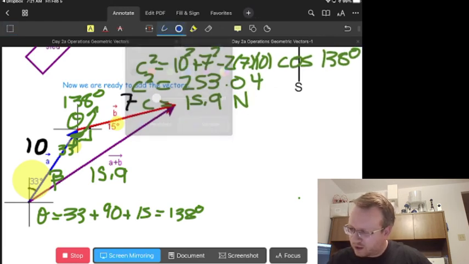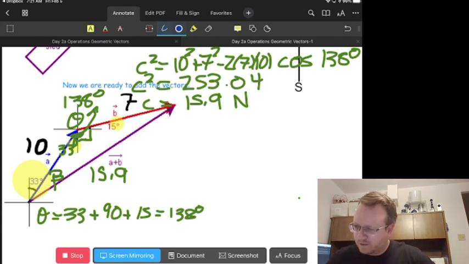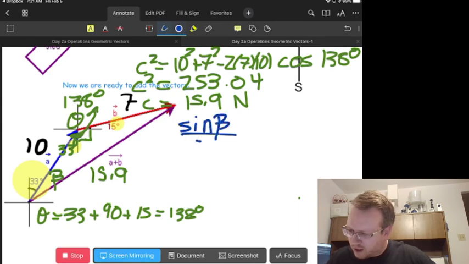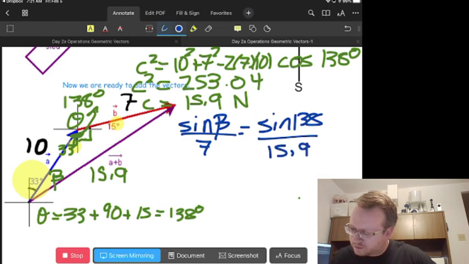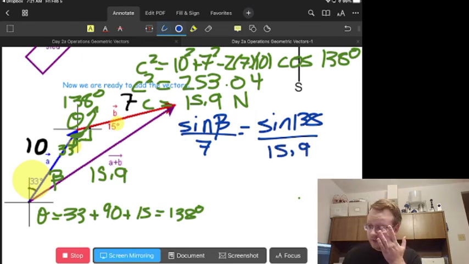All right, let's find our angle. So to find angle beta, we're going to use our sine law. So sine beta over opposite side, which is 7, equals sine 138 over 15.9. Once again, I'm not going to show all the rearranging, partly for the sake of time, partly because I don't have a lot of room on the page.